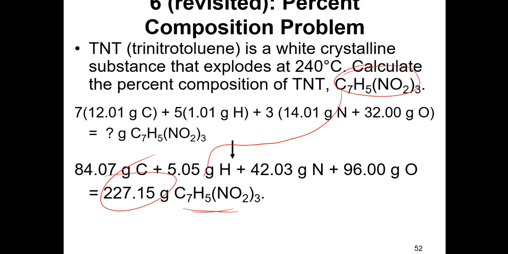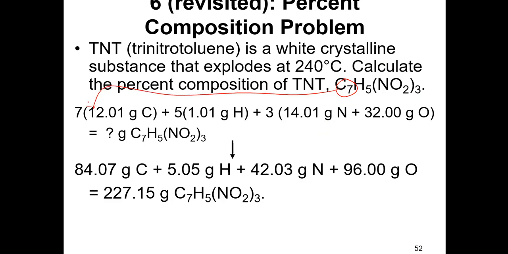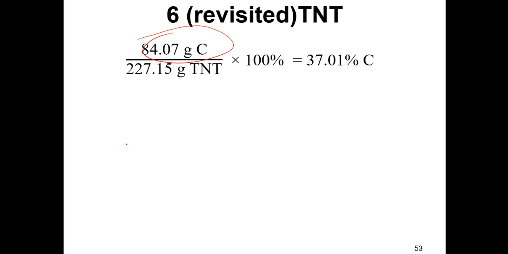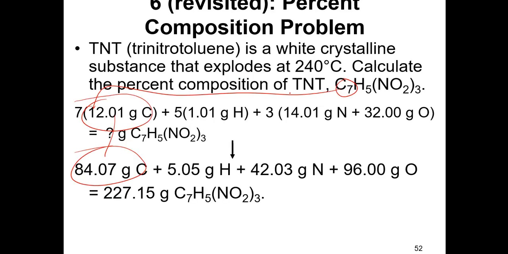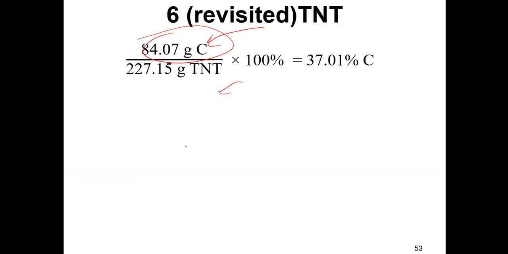So for example, with carbon, there's 7 carbons. So you had to do 7 times 12.01, and then it gave you 84.07. So that is the total element mass for carbon. And then you do the next one for hydrogen. There's 5 hydrogen. So 5 times 1.01, 5.0 grams.